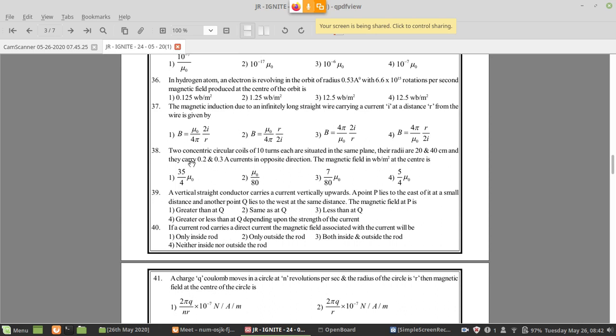38th question. 2 concentric circular coils of 10 turns each are situated in the same plane. Their radii are 20 and 40 centimeter and they carry currents 0.2 and 0.3 amperes in opposite directions. What is the magnetic field at the center of this?